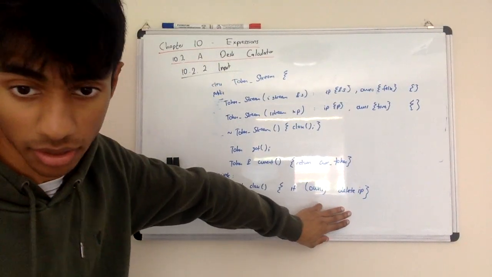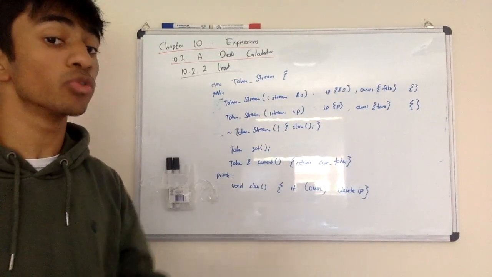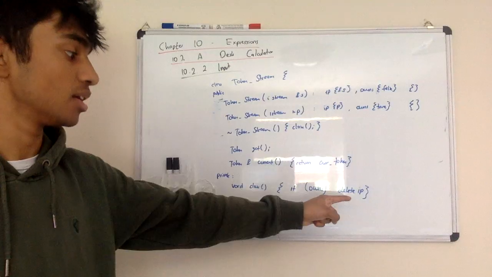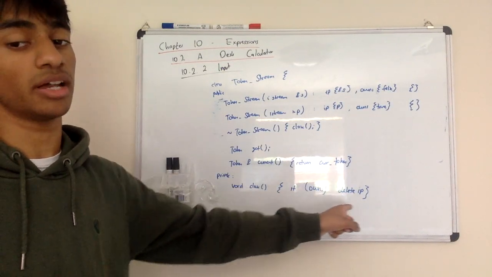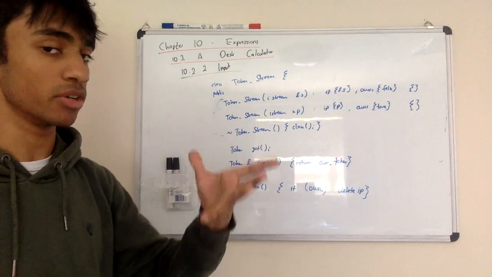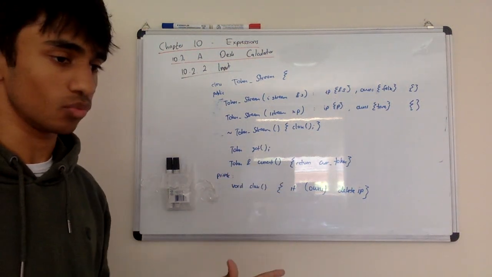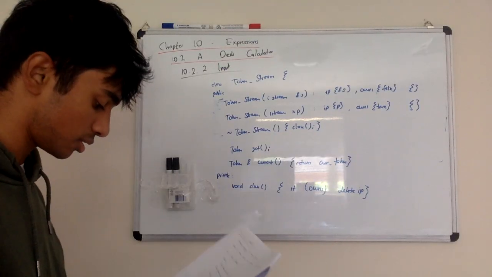The glare is getting annoying. If owns, delete IP. But essentially, if we own the resource associated with the pointer stored in IP, then we have to explicitly ask for that resource and the memory to be deleted. Well, we don't delete the memory, but we no longer associate ourselves with it, essentially. So that's what the delete IP does.